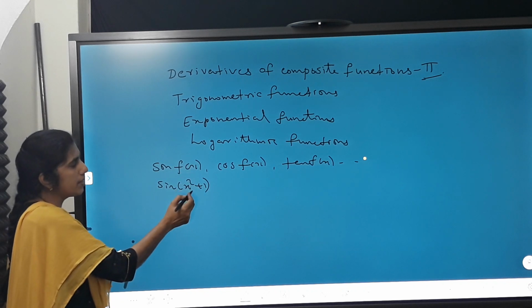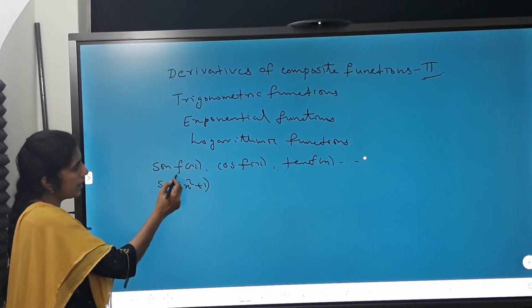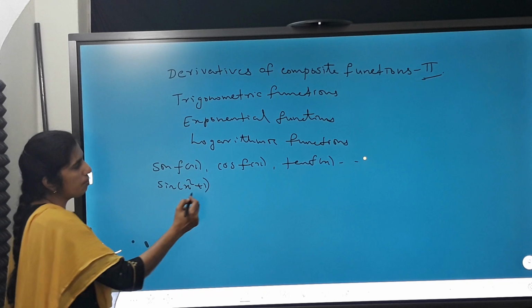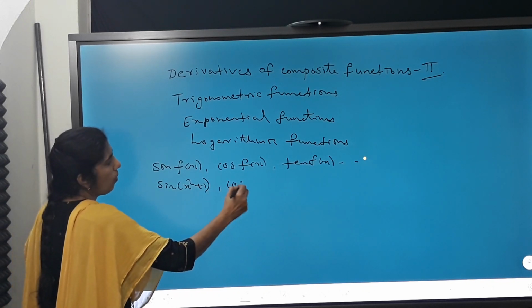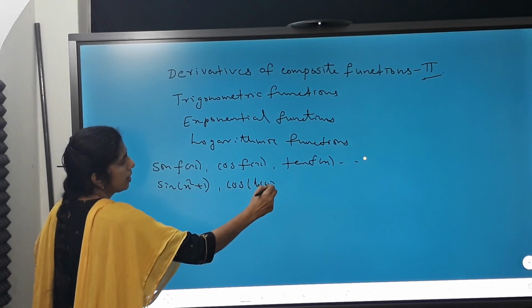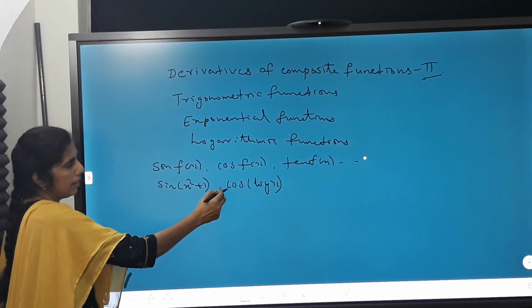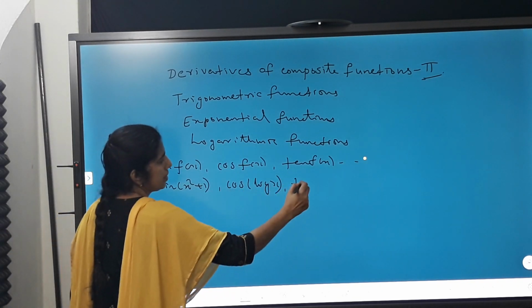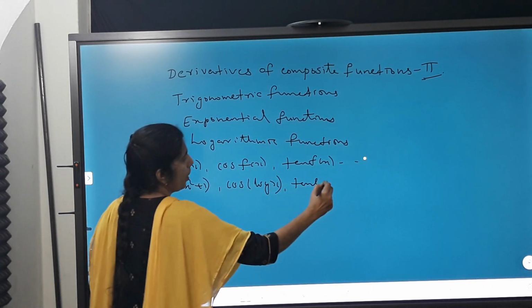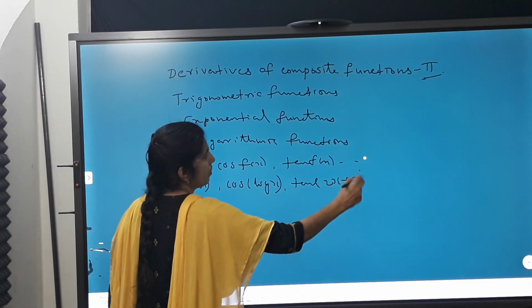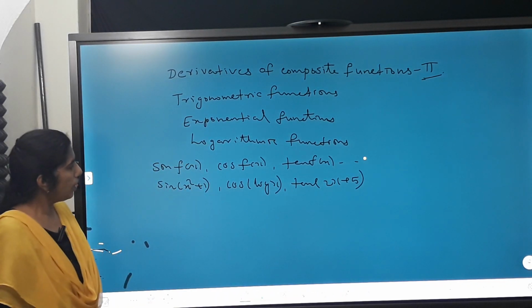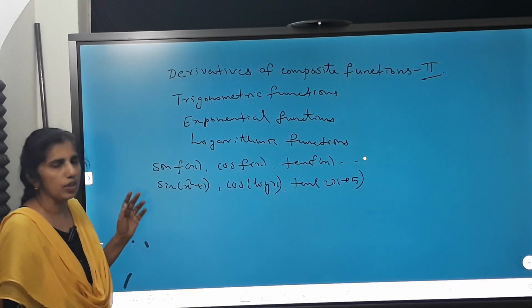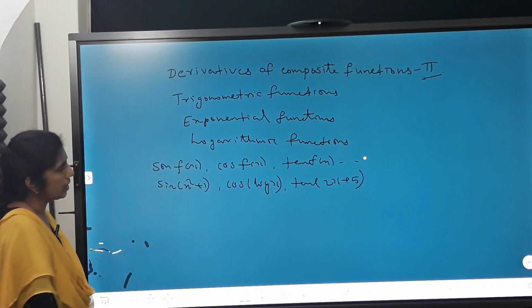Here f of x is x square plus 1. This is a trigonometric composite function. Cos of log x, tan of 2x plus 5. All these are examples of trigonometric composite functions.